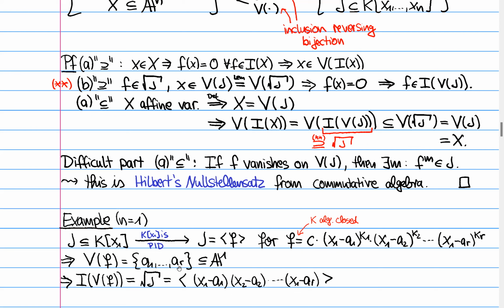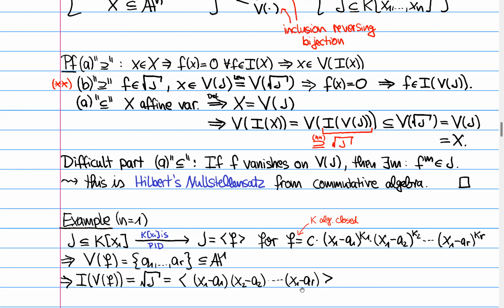And similarly for the others. And so in conclusion, this means that the ideal of this finite set here is just all polynomials which are divisible by this product of these linear factors.